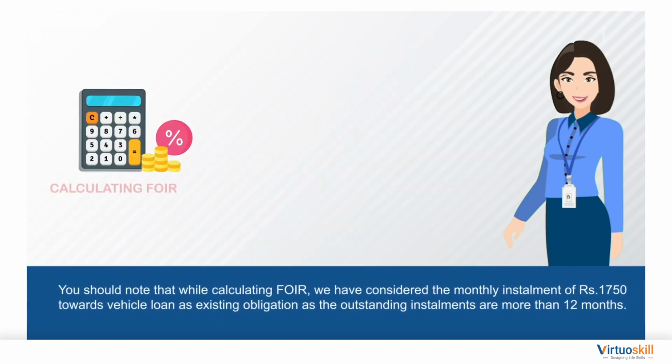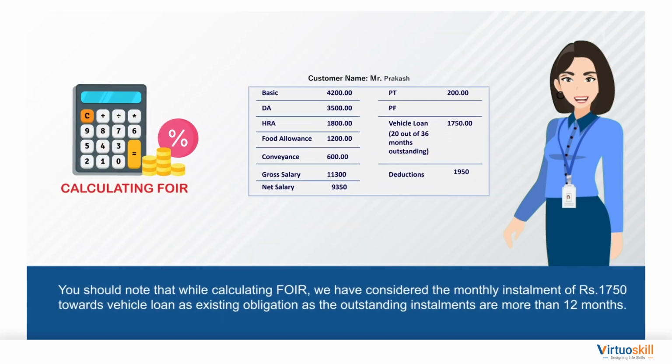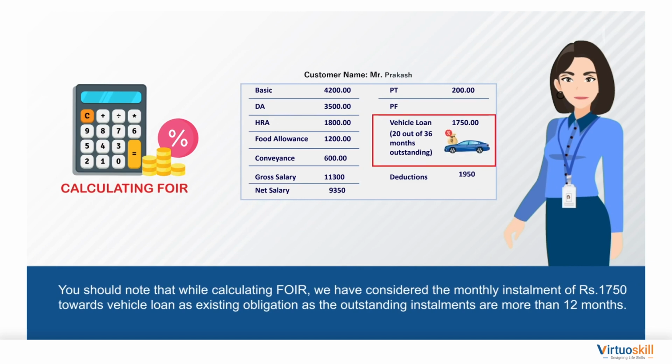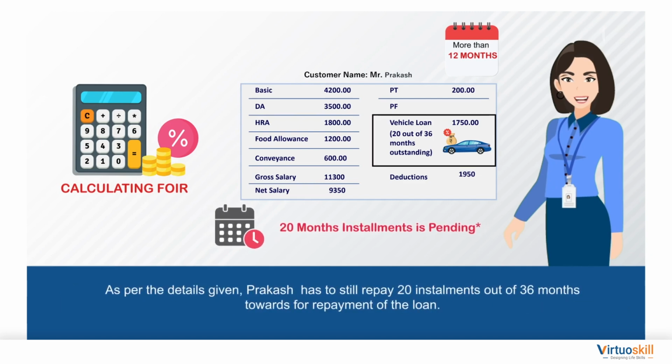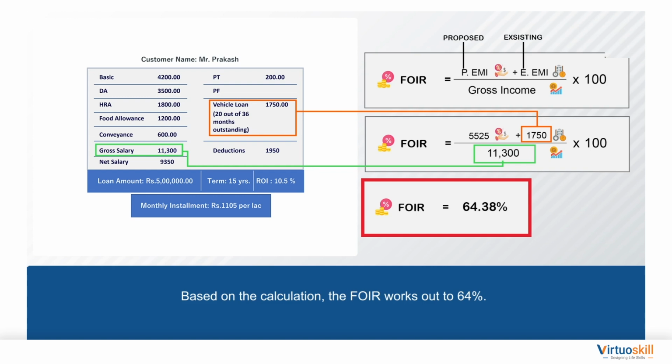You should note that while calculating FOIR, we have considered the monthly installment of Rs 1,750 towards vehicle loan as existing obligation as the outstanding installments are more than 12 months. As per the details given, Prakash has to still repay 20 installments out of 36 months towards the repayment of the loan. Based on the calculation, the FOIR works out to 64%.